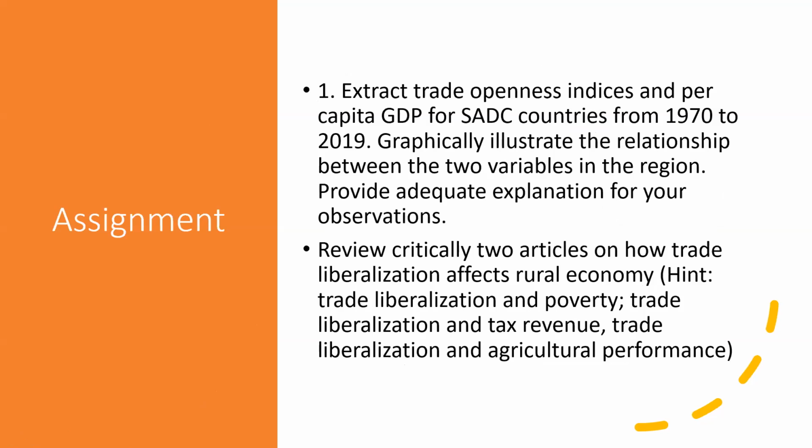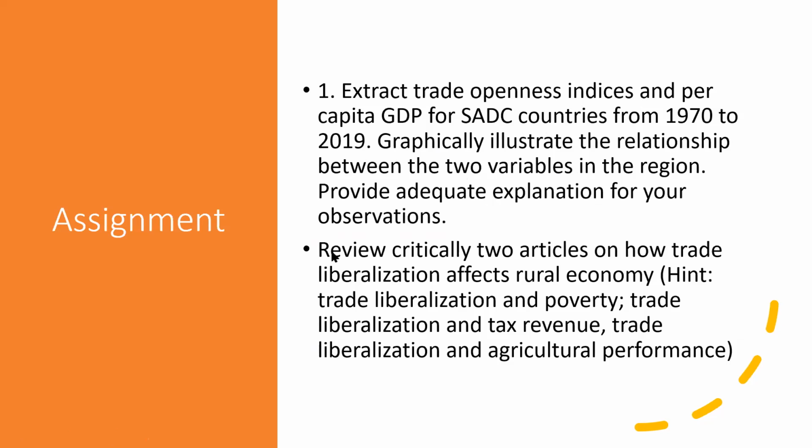Your assignment is to extract trade openness indices and per capita GDP for SADC countries from 1970 to 2019. Then graphically illustrate the relationship between the two variables in the region. Provide adequate explanation for your observations.